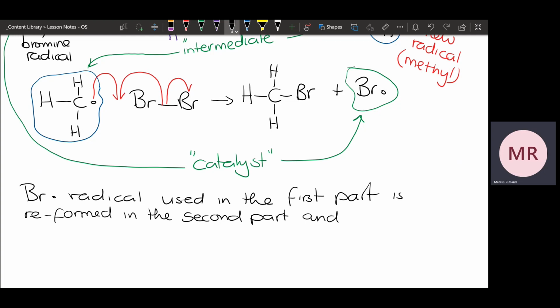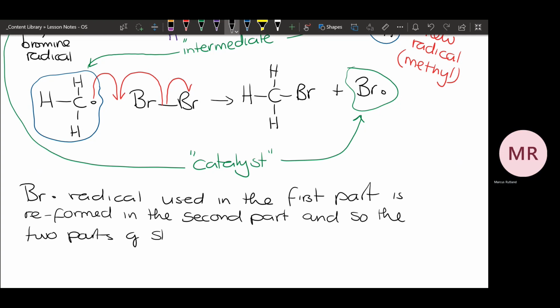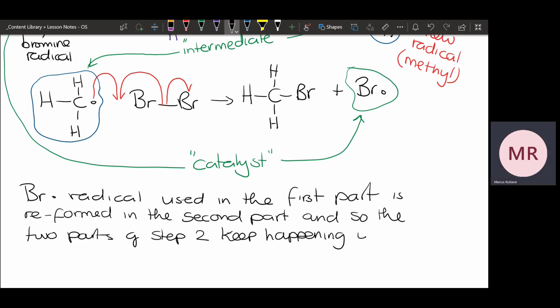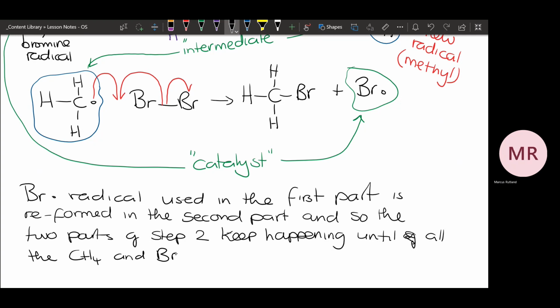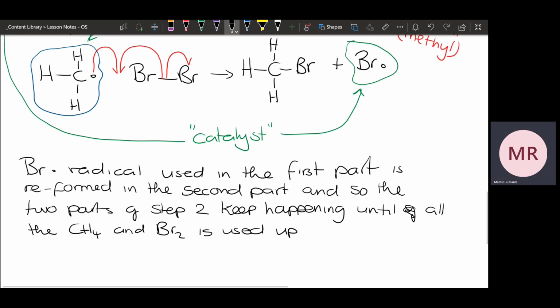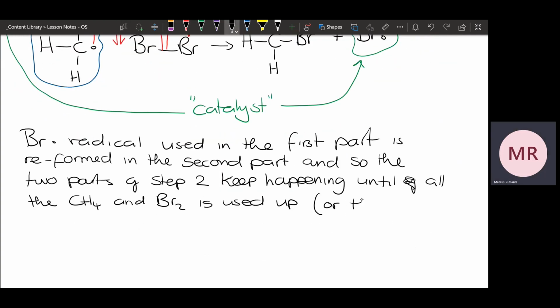And so the two parts of step 2 keep happening until all the CH4 and Br2 is used up, or the radicals are terminated. More on that in a moment.